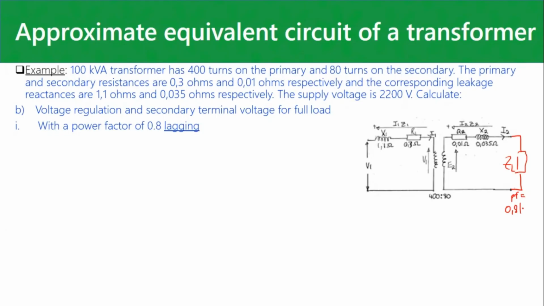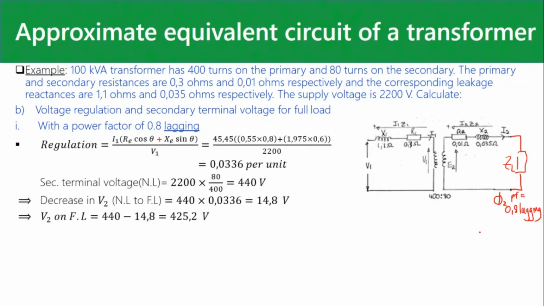That's going to give you your phi 2. So for the per unit regulation, we worked out our value of RE1 and our value of XE1. The power factor is lagging, therefore this is a plus.